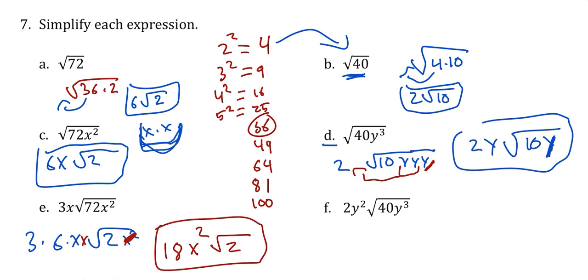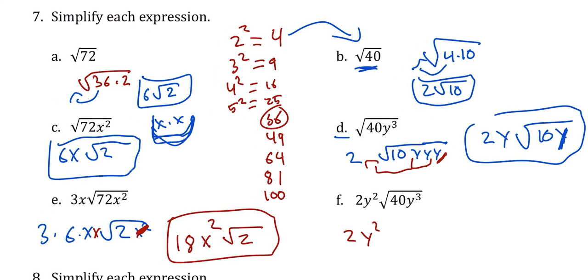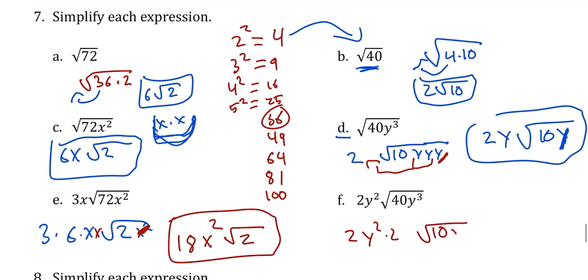Same idea with F. We start with 2y squared on the outside. We know that the square root of 40 can be written as 2 times the square root of 10. And we have our 3 y's on the inside here for y cubed. Same idea as in part D, we can take out a pair, but this one has to be left by itself on the inside.